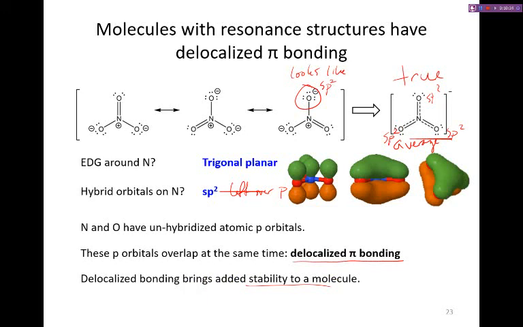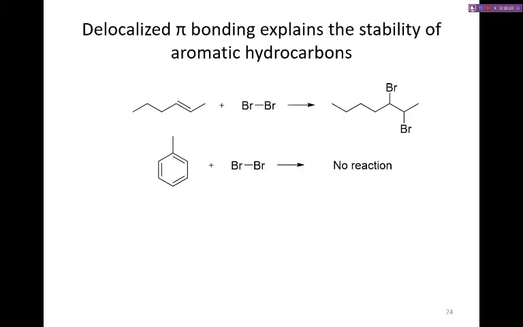This delocalized pi bonding explains the stability of what are called aromatic hydrocarbons. And we're going to explore these more in chapter 10, but it's important to recognize the difference between localized pi bonds, in other words, the electrons are here to stay, they're not moving anywhere, versus delocalized, where the electrons are spread throughout the molecule.